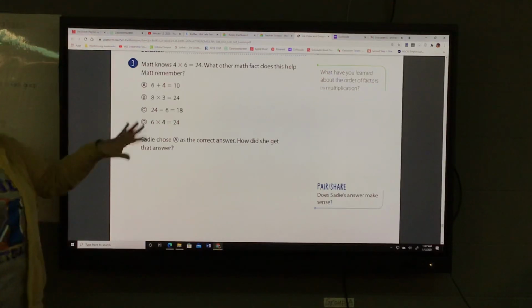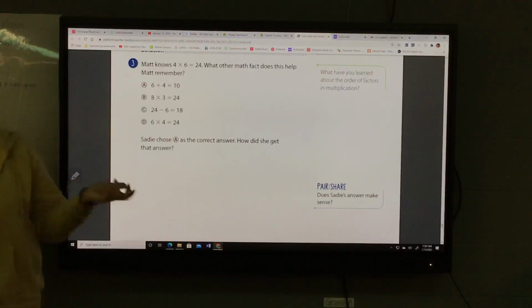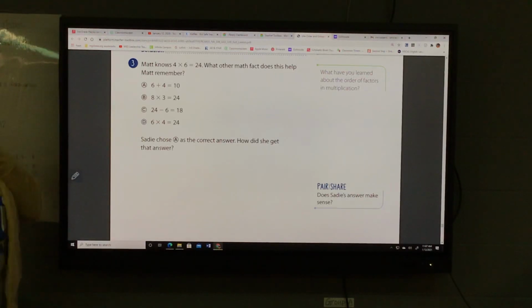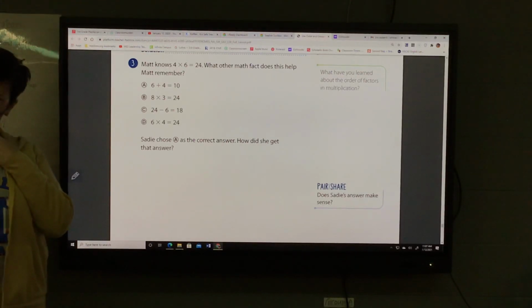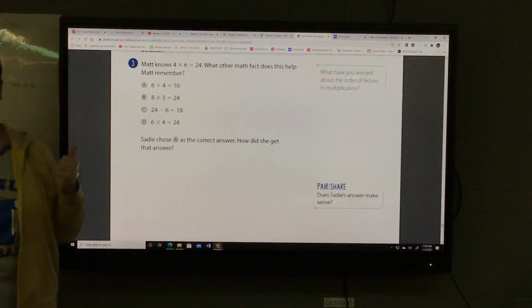Color it in or circle, whatever you choose to do. Okay, did you choose the answer? Yes. All right, this is one of those where somebody chose the wrong answer. Sadie chose A as the correct answer. Explain what she did wrong.